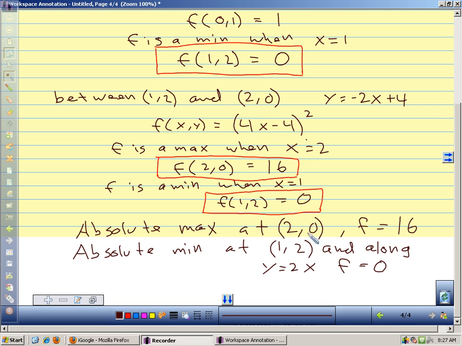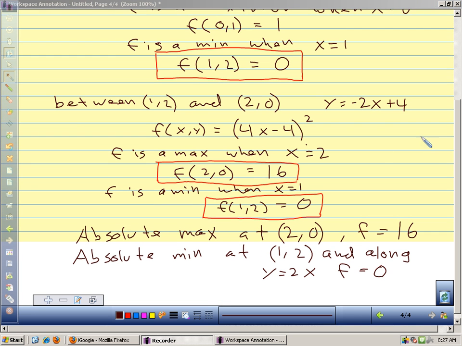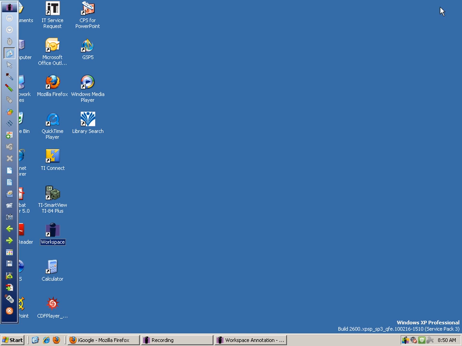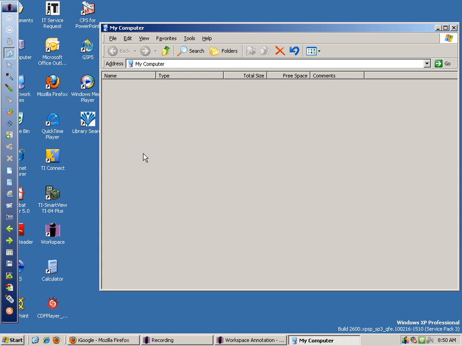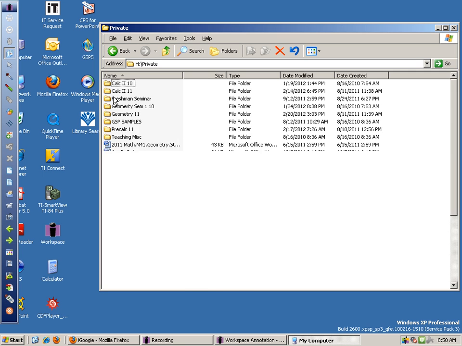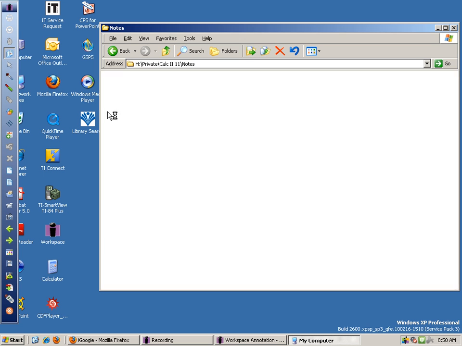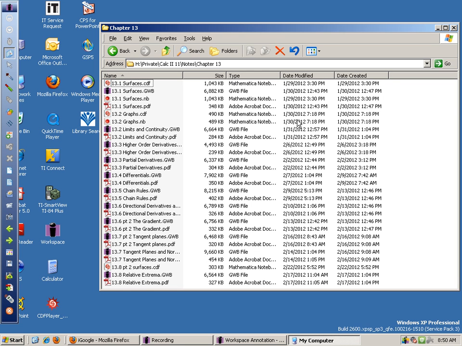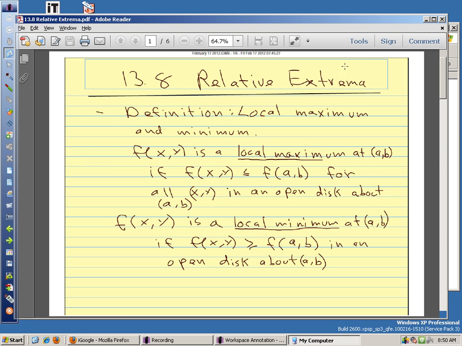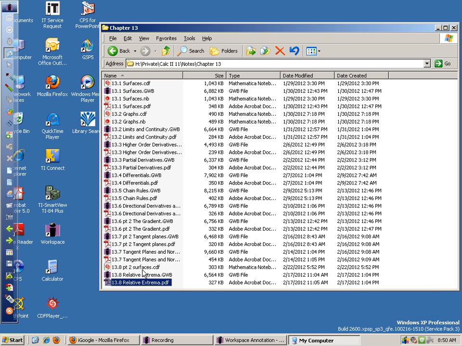Let's take a look at what this function looks like on this region. I made a little graph, so let me get to that. Oops, that's not what I wanted. I wanted this one.